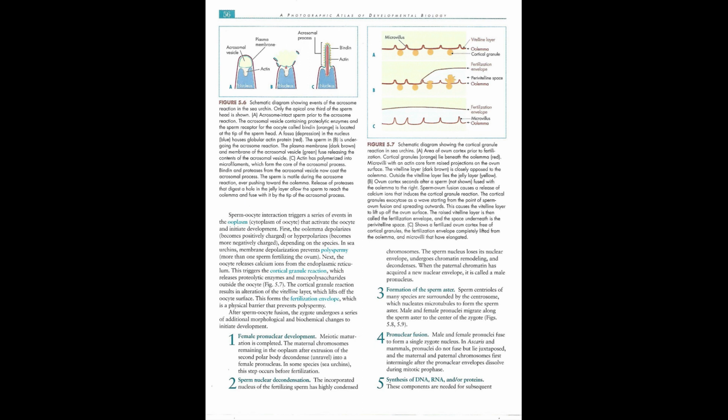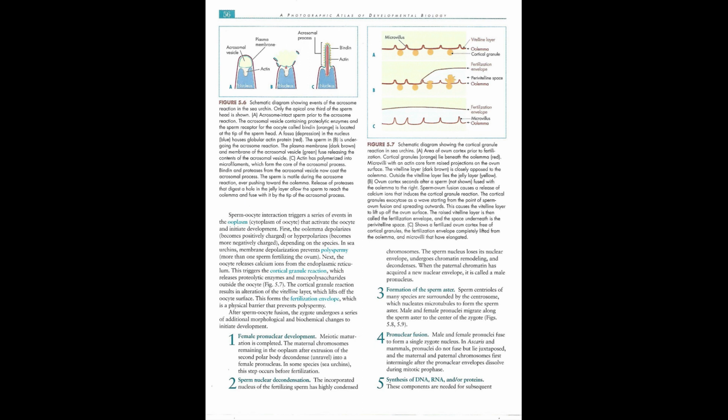Sperm-oocyte interaction triggers a series of events in the ooplasm, the cytoplasm of the oocyte, that activate the oocyte and initiate development. First, the oolemma depolarizes, becomes positively charged, or hyperpolarizes, becomes more negatively charged, depending on the species. In sea urchins, membrane depolarization prevents polyspermy, more than one sperm fertilizing the ovum.